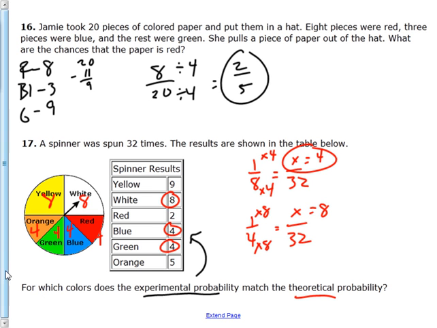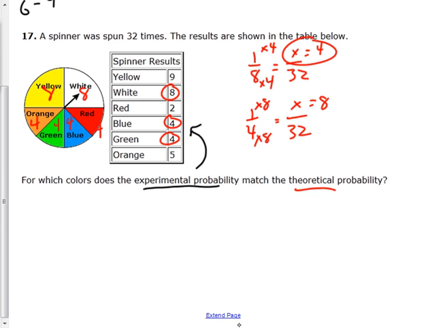Okay, so it says, for which colors does the experimental probability match the theoretical probability? Well, I would have to say white, blue, and green. Because, you know, according to the theoretical probability of getting 1/8 of the time red or blue, we're supposed to get 4 out of 32. 4 out of 32 equals 1/8.